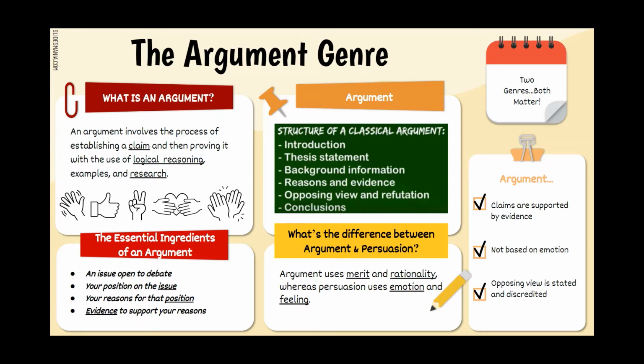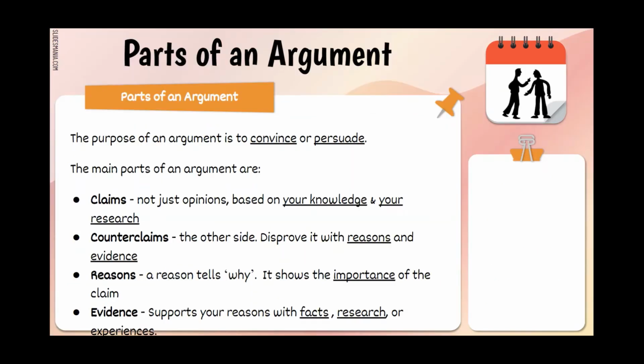What is the difference between argument and persuasion? Argument uses merit and rationality, whereas persuasion uses emotion and feeling. Argument: claims are supported by evidence, not based on emotion, and opposing view is stated and discredited. Parts of an argument. The purpose of an argument is to convince or persuade.